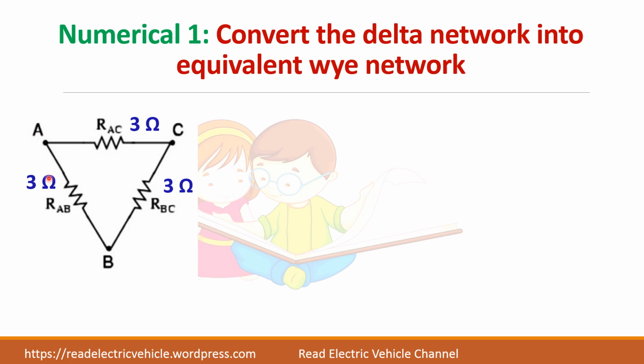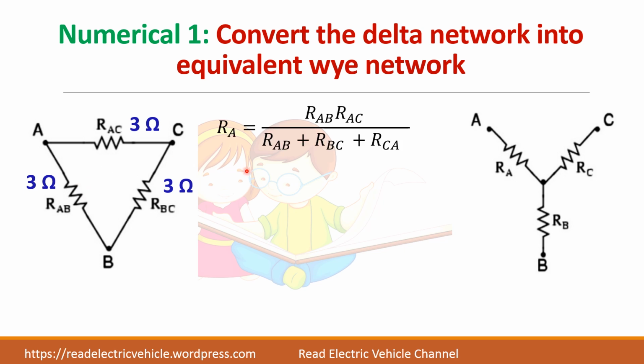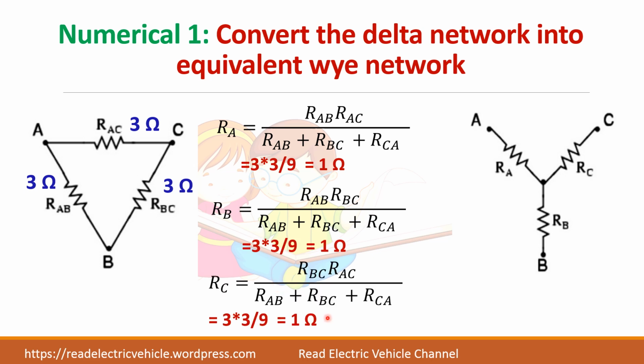This 3 into this 3 divided by sum of all these things. So 3 into 3 divided by 9 equal to 1 ohm. There is no use in finding RB and RC because all values will be same. So all are 1 ohms.